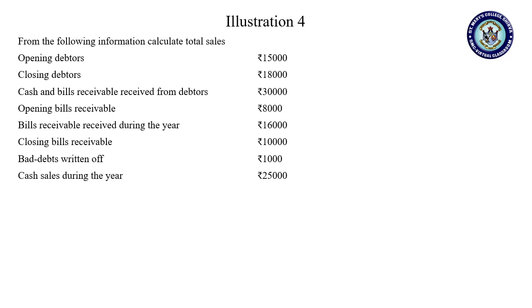From the following information, calculate total sales. Opening debtors 15,000. Closing debtors 18,000.